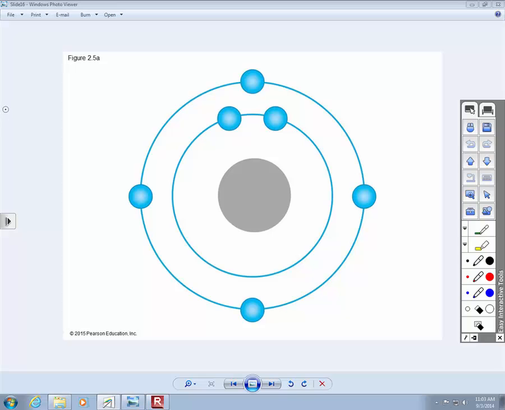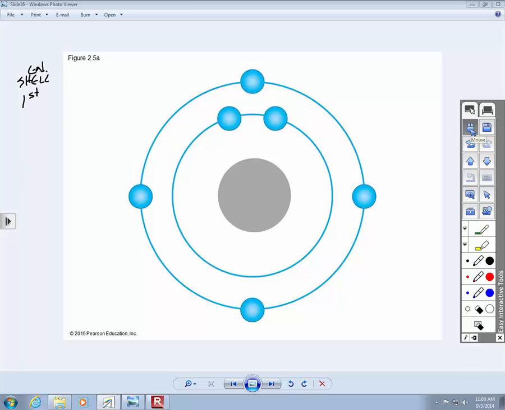Let's just start with, let's say, first shell, and we're going to put shell here. I should actually write that right here. Energy shell. We'll put that. All right, so first energy shell, that one can hold 1 or 2 electrons, and that's all.